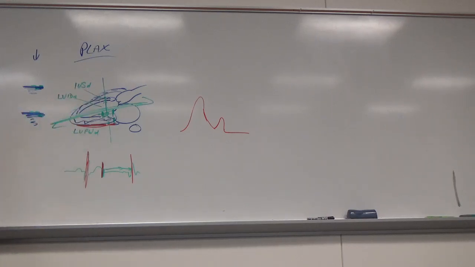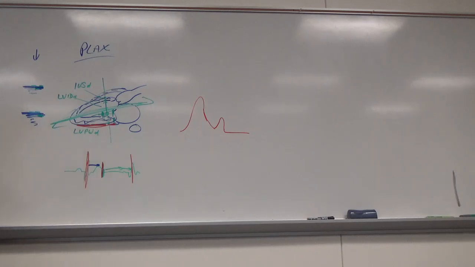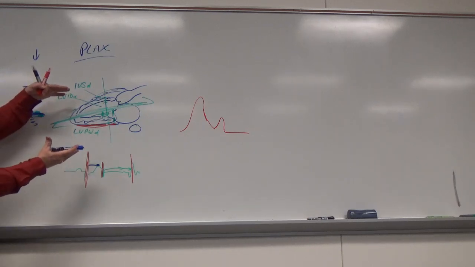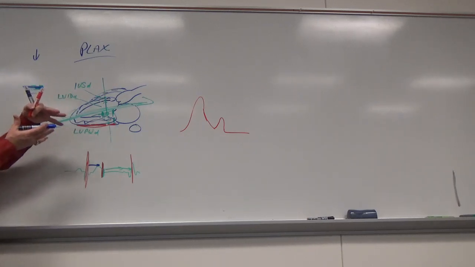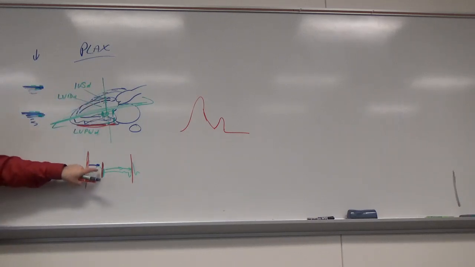So after we do the diastolic measurement, this is the end of diastole on the R wave, then we go to the next spot here. We scroll forward. The heart's now going to squeeze, so the chamber's going to get smaller, and the walls are going to get thicker, and we're going to go to the very end of the T wave.